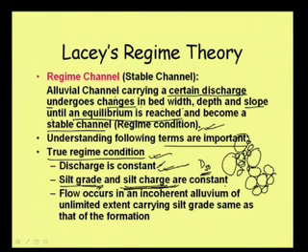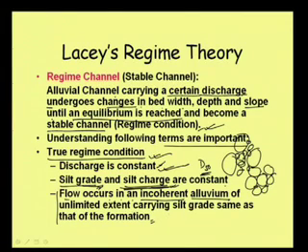Then the next point, which is more important, is that flow occurs in an incoherent alluvium, that is, cohesiveness is less, an alluvial soil, incoherent alluvium of unlimited extent, carrying silt grade same as that of the formation.